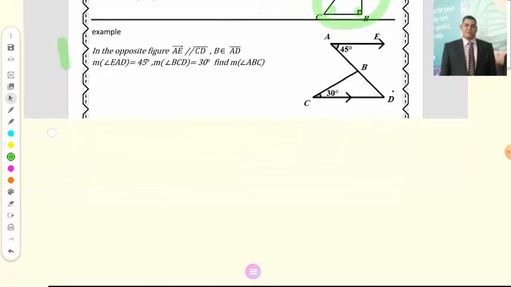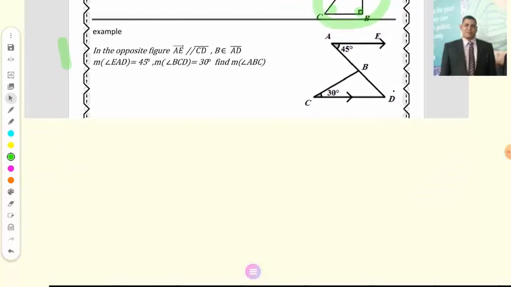In this example, we want to find the measure of angle ABC. This angle, we want to find it. What's the given? The given is that ray AE is parallel to the line segment CD.